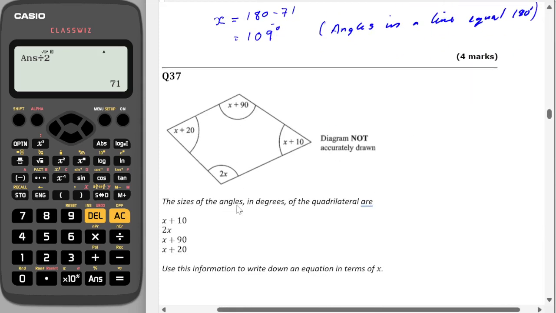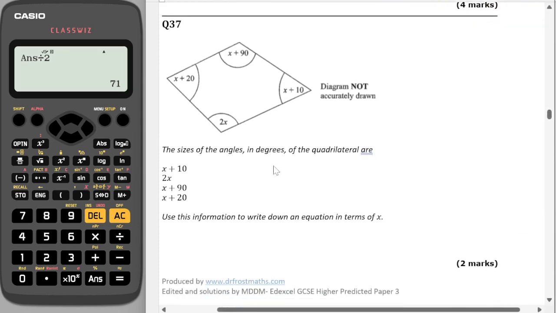Okay, question 37. The sizes of the angles in the quadrilateral are given, use this information to write down an equation in terms of x. So angles in a quadrilateral need to add up to 360. So these would need to add up: x plus 2x plus x plus x. That would give me 5x, plus 10 plus 90 plus 20, which gives me 120.